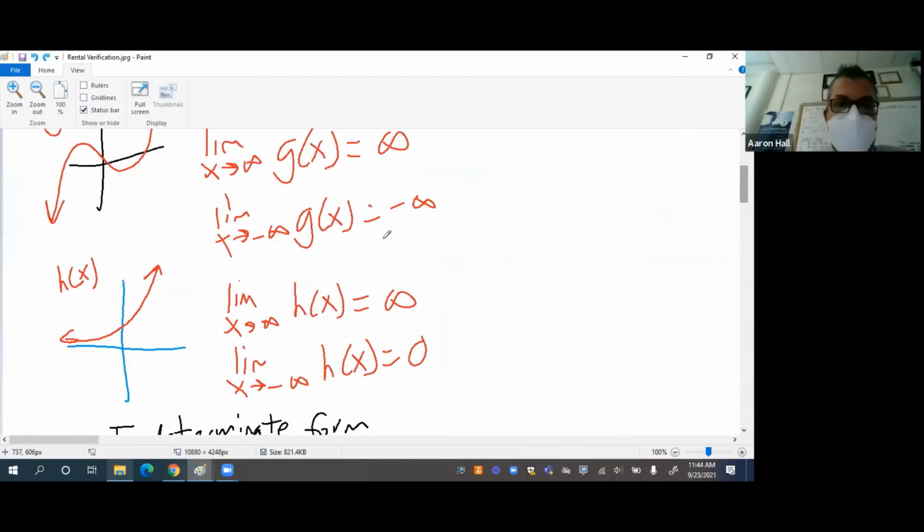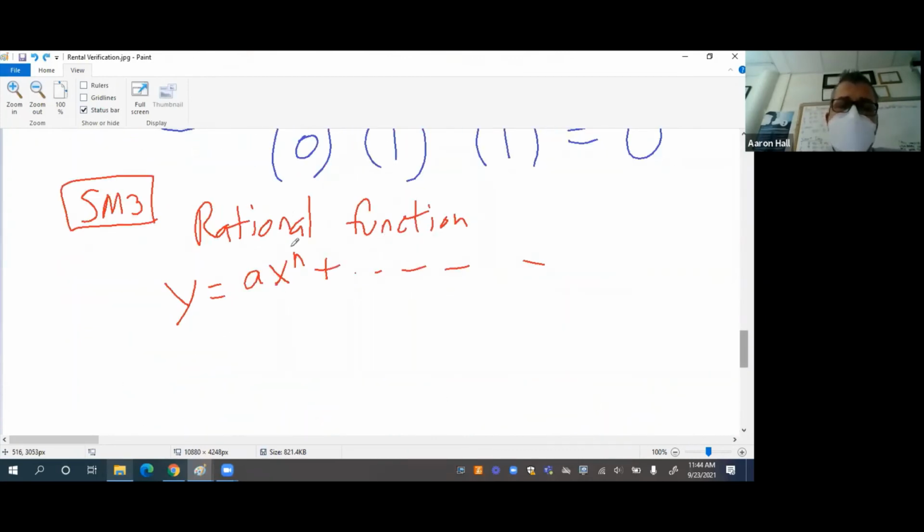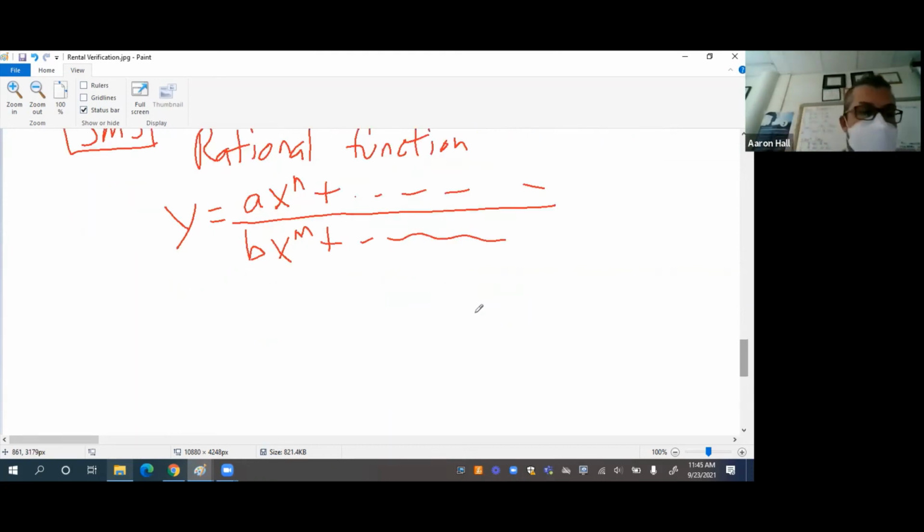These were just some examples from last time. All right, so I have a polynomial divided by some other polynomial of b times x to the power of m plus ... When we're talking about end behaviors, the other stuff doesn't matter. So this is a secondary math 3 idea.